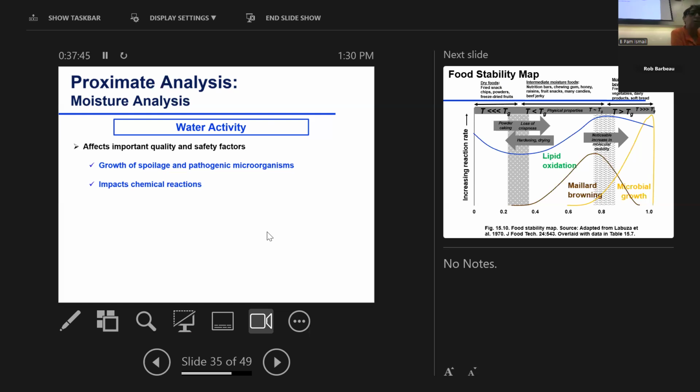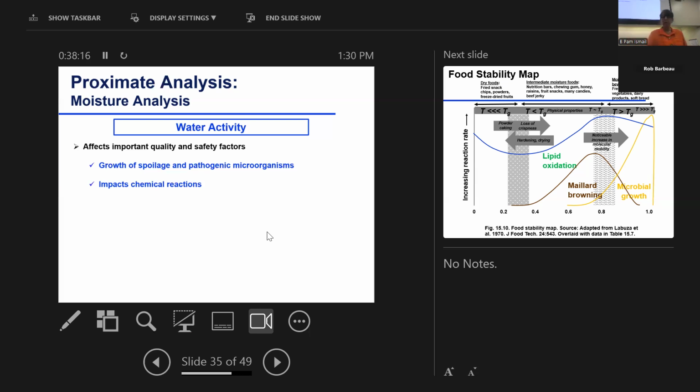So anything that impacts or causes chemical reactions, enzymatic reactions, or microbial growth is related to quality. And for microbial growth, you have spoilage versus health concerns, safety concerns. So you have the pathogen growth and the spoilage microorganism growth.